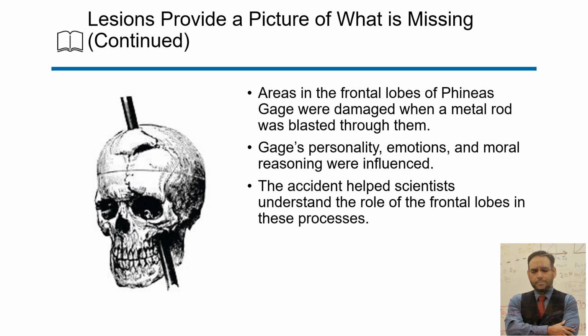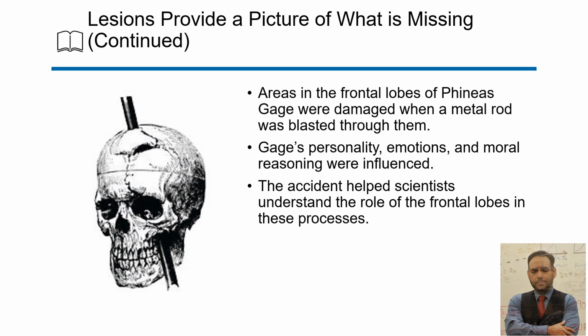One interesting case that shed a lot of light on lesions was the one with Phineas Gage. His case was very important because, well, let me tell you the story.